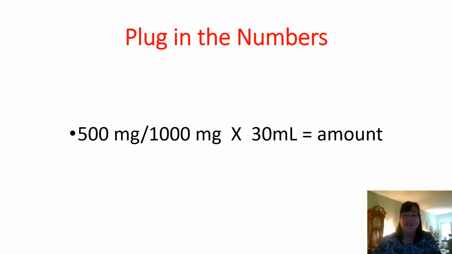So we need to have 500 milligrams over 1,000 milligrams times 30 milliliters, or else the other way you can do it is you can have 0.5 grams over 1 gram times 30 milliliters equals the amount the nurse will give. You can do it either way, but the point is you have to have milligrams divided by milligrams or grams divided by grams in order to do the math properly for this problem.